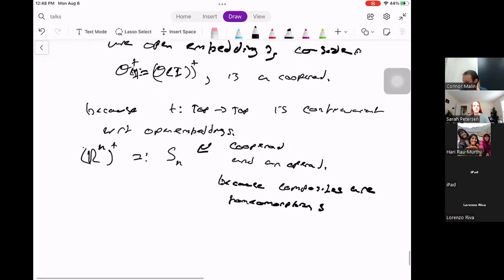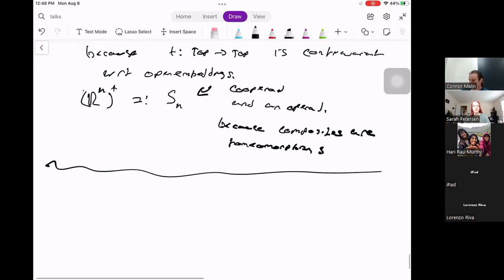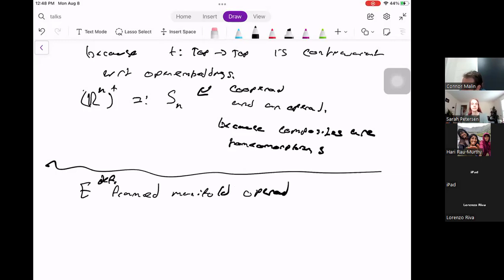Okay, so let's get to the meat of things. The first thing, and I'll go really fast here: there's a notion of a framed manifold operad, and this is designed to make the following true.